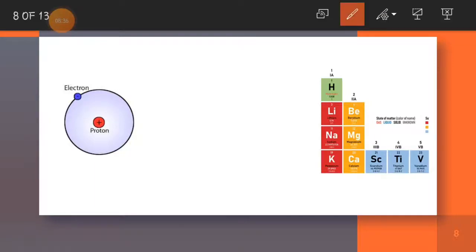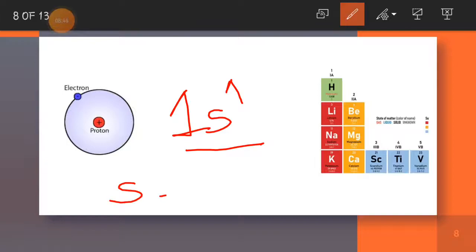Now if you write the electronic configuration for the hydrogen atom, you will write it as 1s1. Since the s orbital can accommodate 2 electrons, this 1s orbital is not completely filled, it is partially filled, and it needs one more electron to complete this orbital in order to achieve its nearest noble gas electronic configuration.